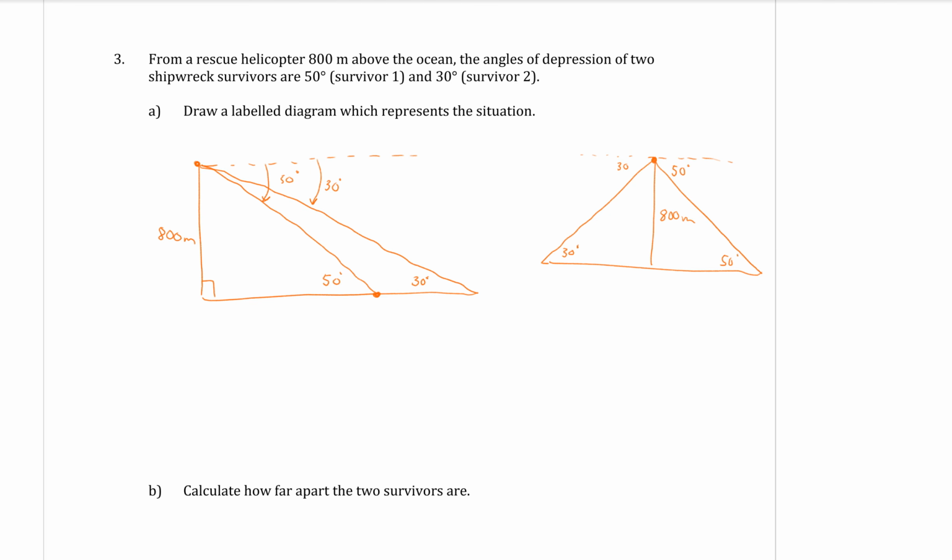Okay, so using the first diagram, we want to calculate how far apart the 2 survivors are. So that is that length in there that I'm going to call x. Now to find that, I'm going to have to use the smaller right angle triangle with the 50 degrees in it to find this length here.